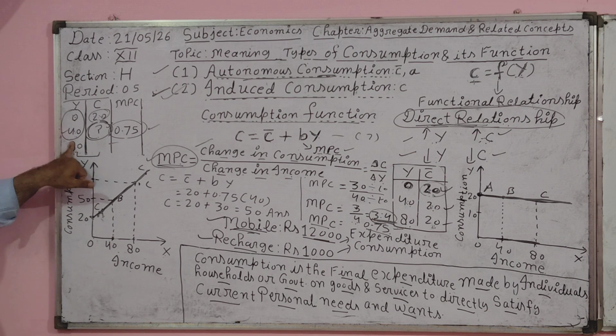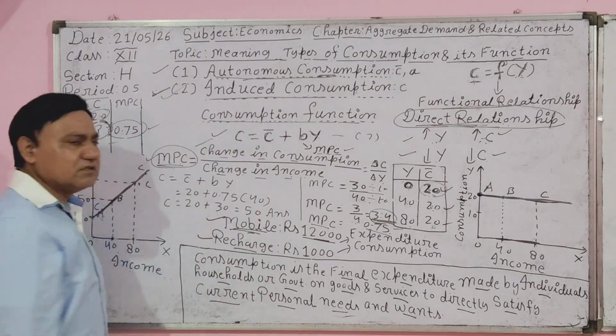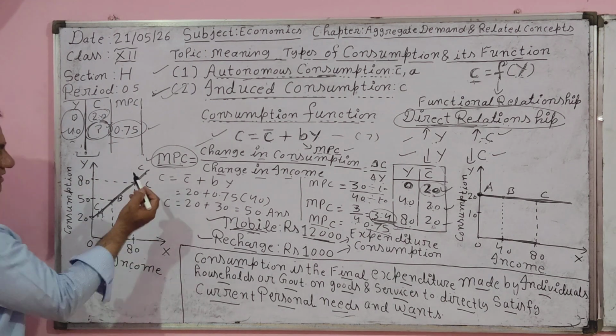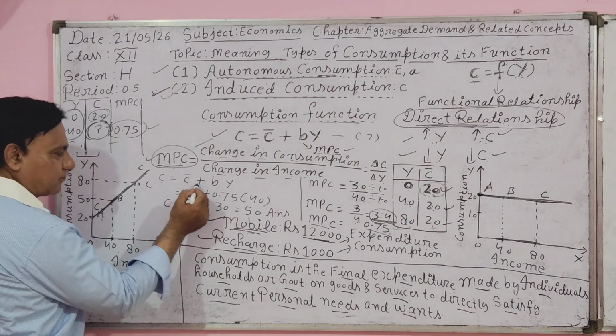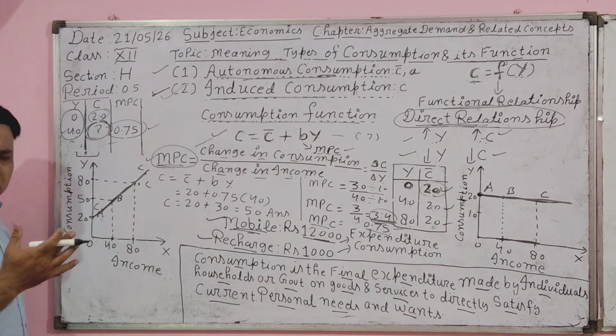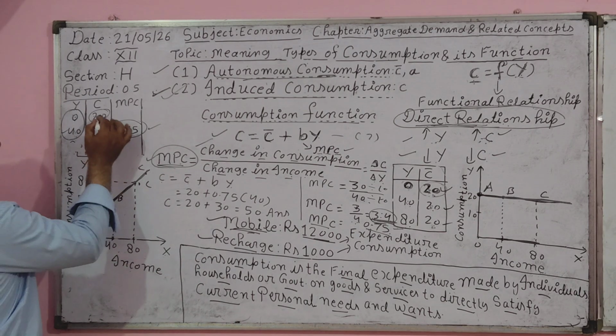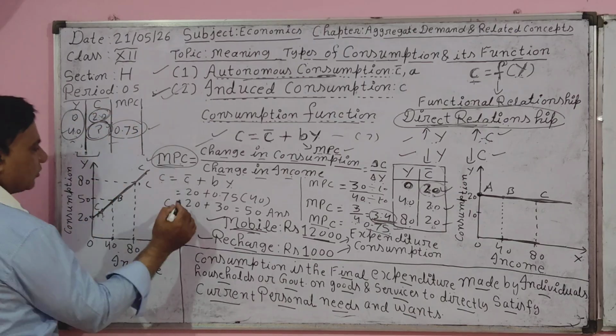We can find the amount of induced consumption at the level of 40 with the help of this consumption function. Like this. C is equal to C bar plus BY. It is the equation of consumption function. In this example, autonomous consumption is 20.